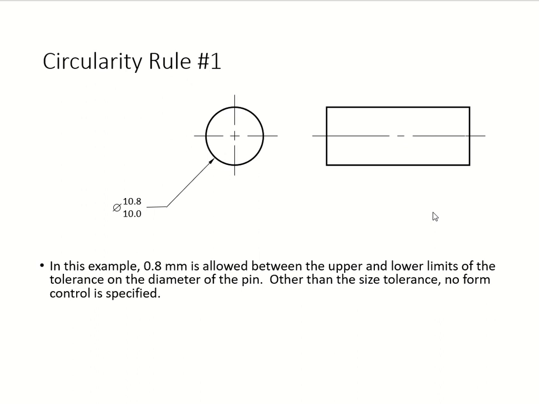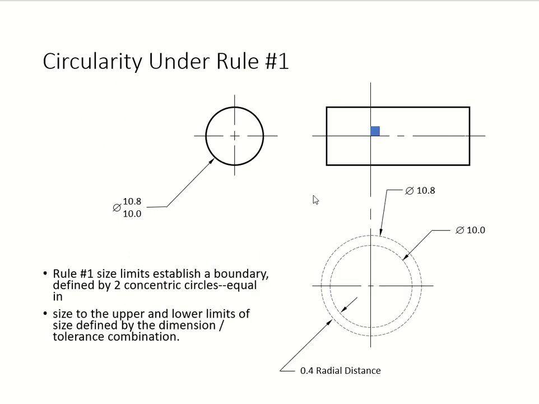So here is our example, and we have 0.8 millimeter, which is this difference, that's your size tolerance. So 0.8 millimeter is allowed for the upper and lower limits of the diameter of this pin right there. Other than your size tolerance, we don't have a form control; we have only size tolerance given in this example.